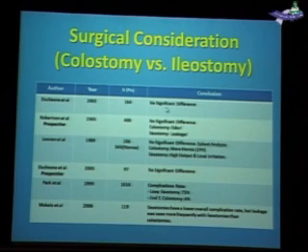The first one is 164 patients, no significant change. The second one is more than 400. But what they found is colostomy is associated with worse odor, whereas ileostomy, knowing the content of an ileostomy is liquidy, is associated more with leakage.